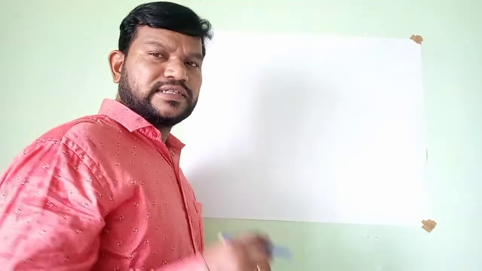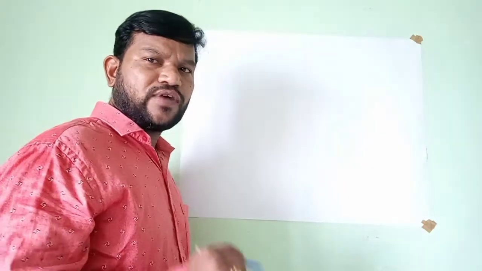So how will we derive this second kinematic equation, S = ut + 1/2 at²? Students, here I am writing initial velocity, final velocity, time taken, distance traveled, and uniform acceleration. Please observe clearly.